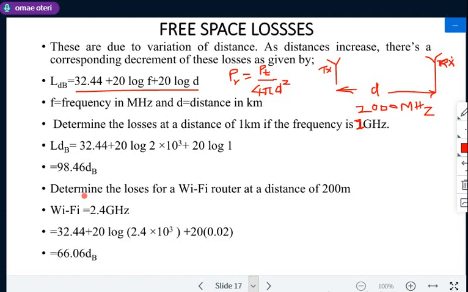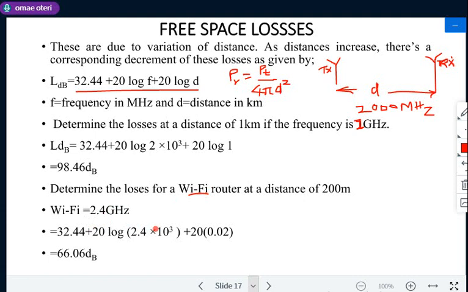Then someone can ask you a question: determine the losses for a Wi-Fi router, the routers that we usually use everywhere, providing us with Wi-Fi signals, at a distance of 200 meters. So how do you go about calculating this? You need to note at what frequency the Wi-Fi is transmitting, and this will be 2.4 gigahertz mostly.